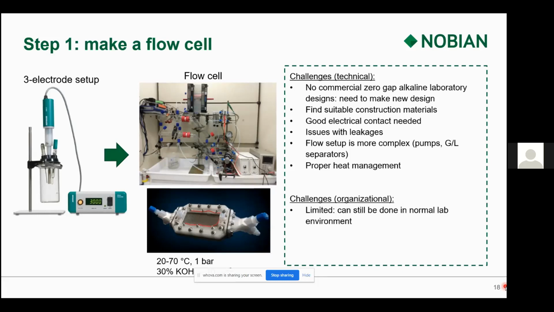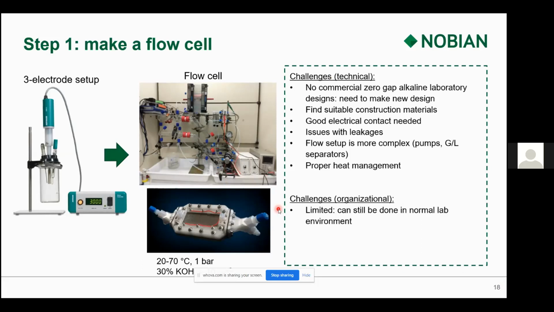So the first step is you want to move from a 3-electrode type of cell to a flow cell. Well, you already see that the setup becomes more complex. You quickly run into the fact that there are hardly any good commercial cell designs out there, so you probably have to make something yourself.